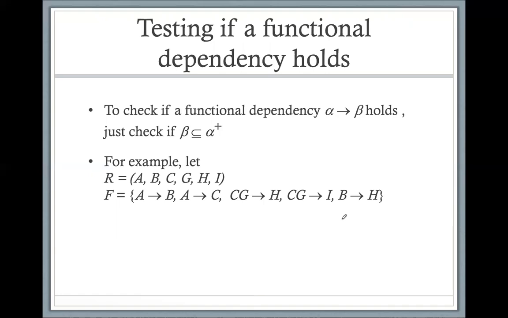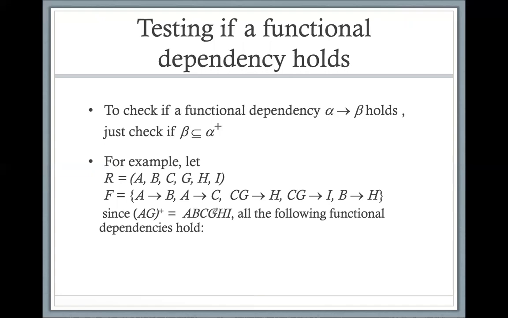We computed the closure of AG: A, B, C, G, H, I. Then what are the functional dependencies that hold?